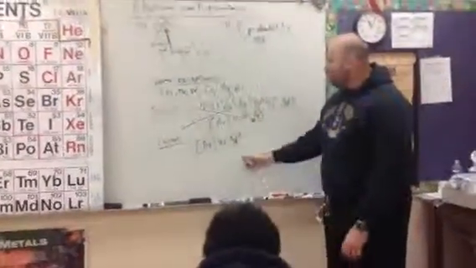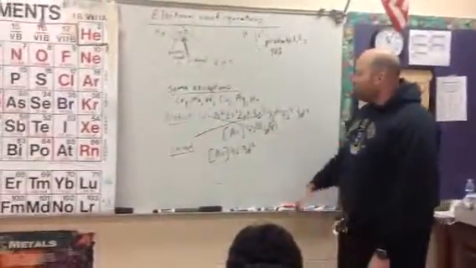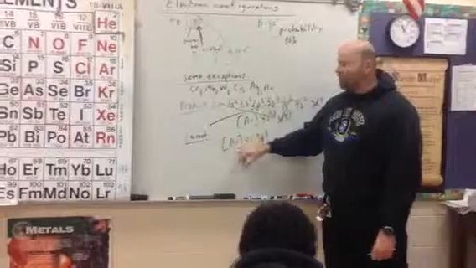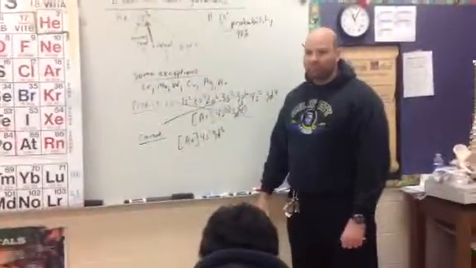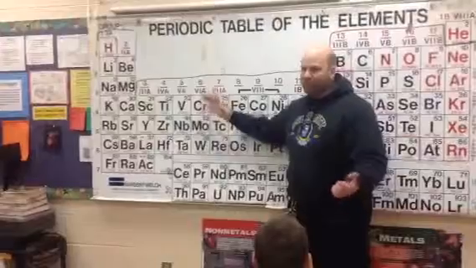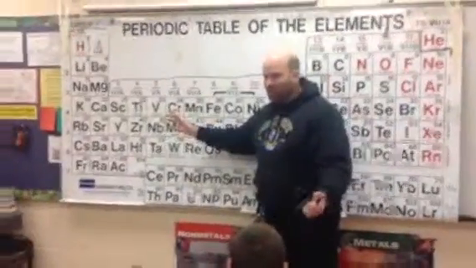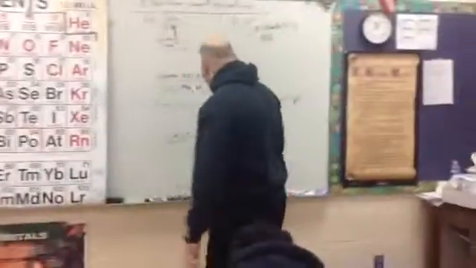It's 6. What's 1 plus 5? It's 6. So aren't the number of electrons the same? Chromium has got 24 protons, 24 electrons. So we didn't change the number of electrons when we said, hey, this is the right answer.